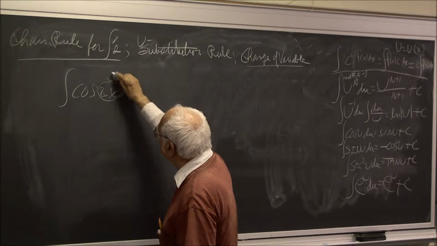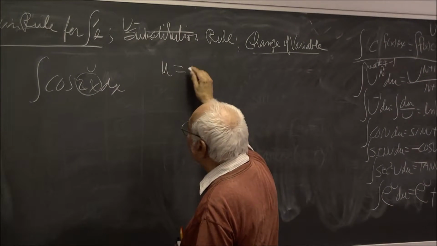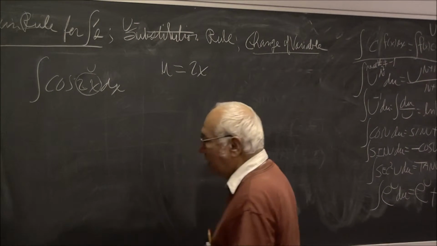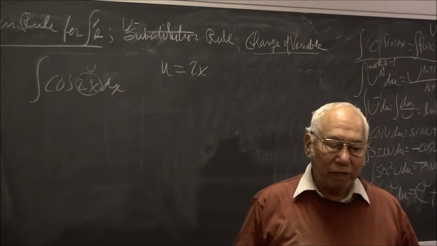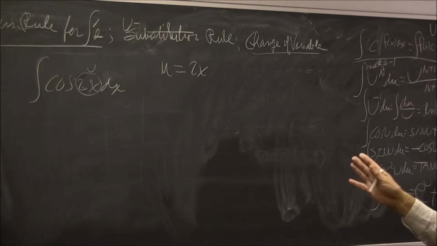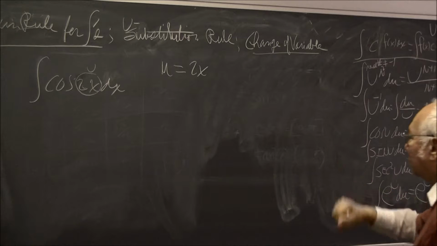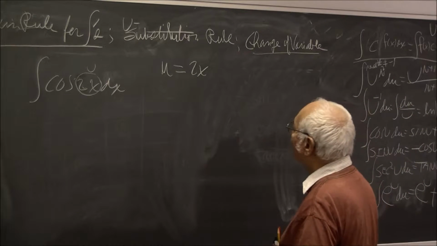So here's the order. u is equal to 2x. Let me describe what we're going to do. We're going to convert this from a complicated problem to a less complicated problem by doing this substitution. Because right now we can't integrate this. Well, I guess we could use double angle formulas, but let's do the problem the way it sits.